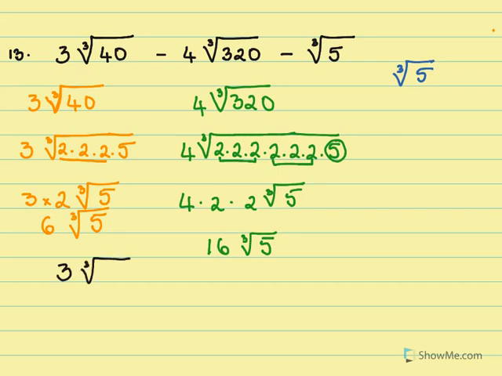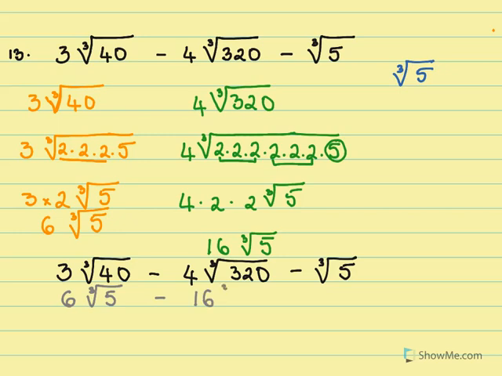Now let's get back to the sum. We had 3 cube root of 40 minus 4 cube root of 320 and minus cube root of 5. Let's write down the values we have solved. This we simplified and we found it was 6 cube root of 5. This we simplified was 16 cube root of 5, and here was 1 cube root of 5.